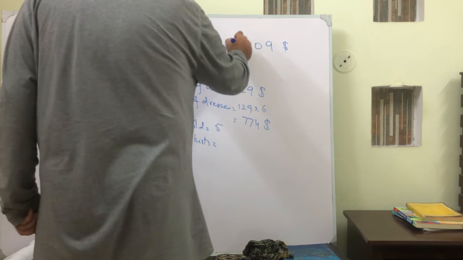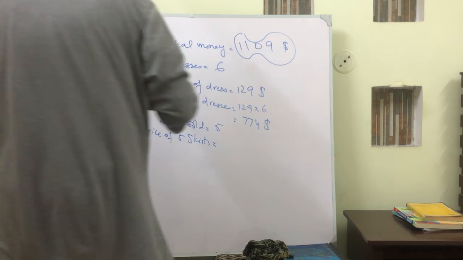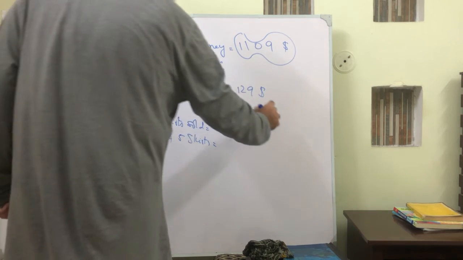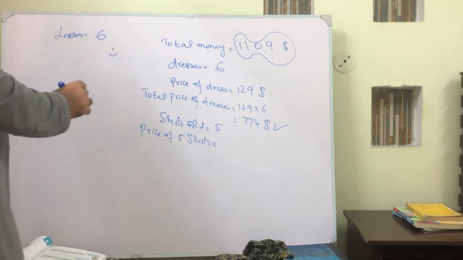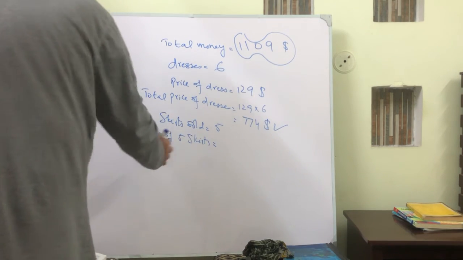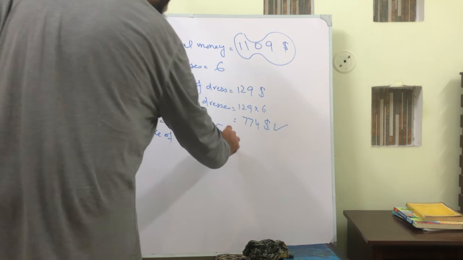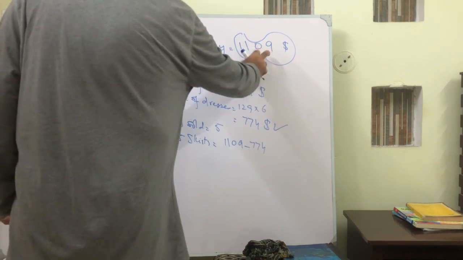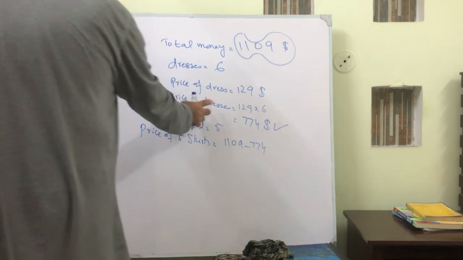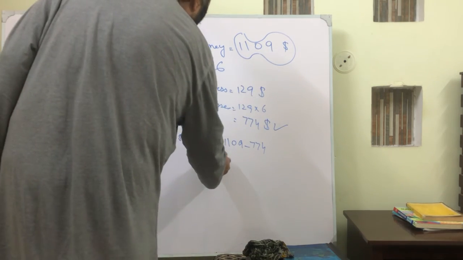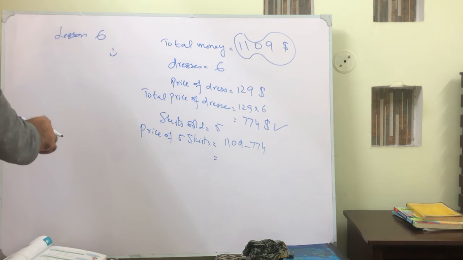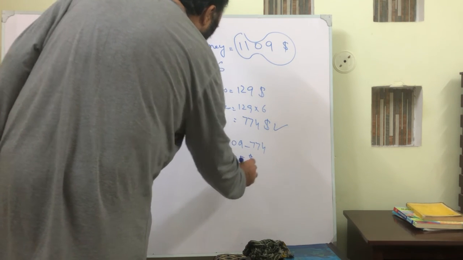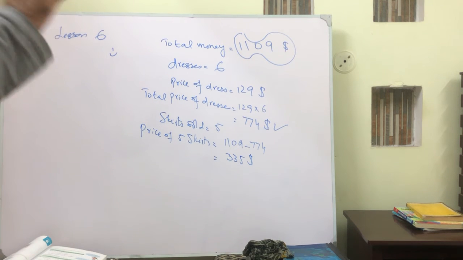See, this is the amount collected from the sale of dresses and the sale of 5 skirts. Okay, so if we subtract 1109 minus 774, this total minus the amount of dresses, the remaining will be the price of 5 skirts. Okay, so $335, it is the price of 5 skirts.